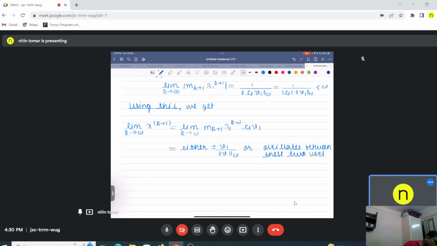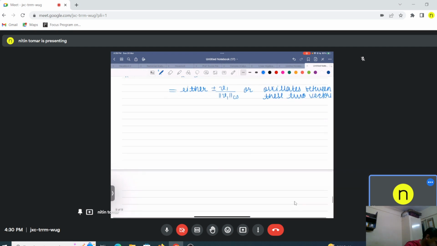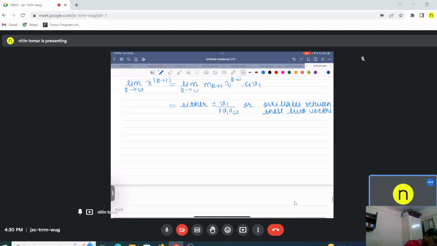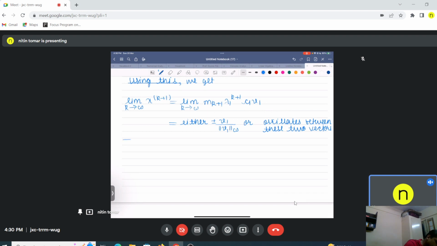What does it mean? It means every subsequence converges either to plus v1 upon supremum norm of v1 or minus v1 upon supremum norm of v1.